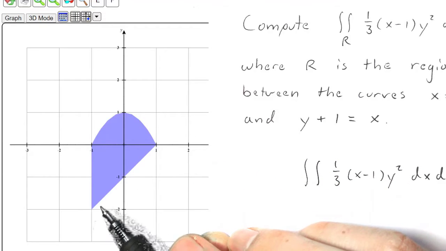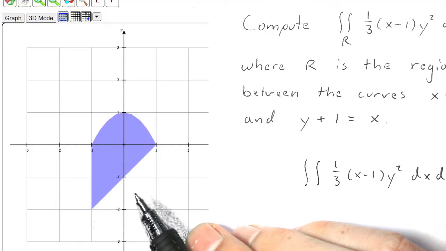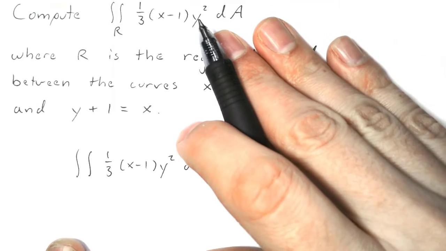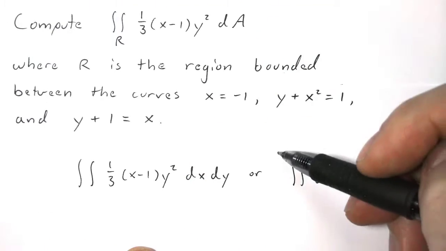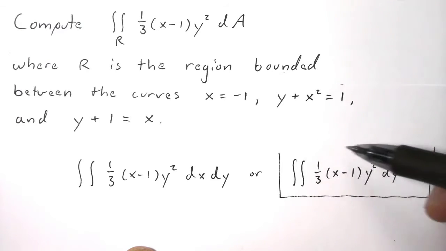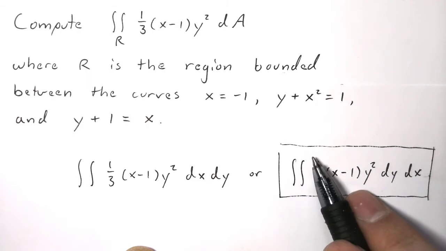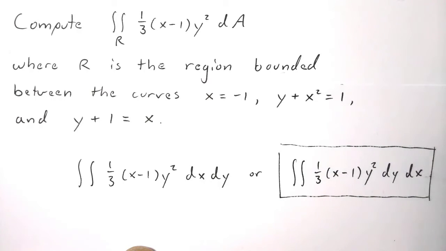So that means that this one's going to be much more straightforward. I won't have to split it up into two integrals. So in this particular case, dy dx is the much better approach to solving this problem. That's because for each value of x, there's only one pair of curves I have to go between for the span in the y direction.